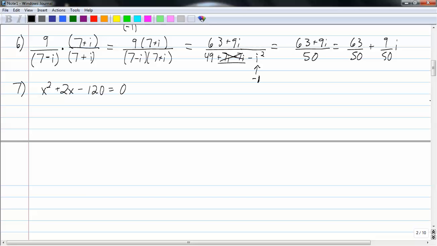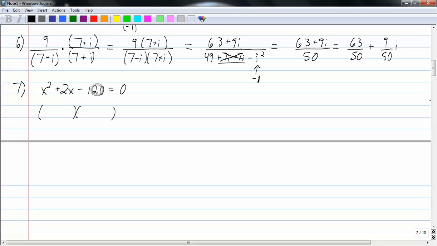The way that you factor a trinomial is you make 2 sets of parentheses, and then if the trinomial has a 1 in front of the x squared term, which this one does, then the way you can factor it, you look at the factors of 120. There are a lot of factors of 120, but we want to use the factors of 120 such that when I add them together or I subtract them or whatever, I get a positive 2.